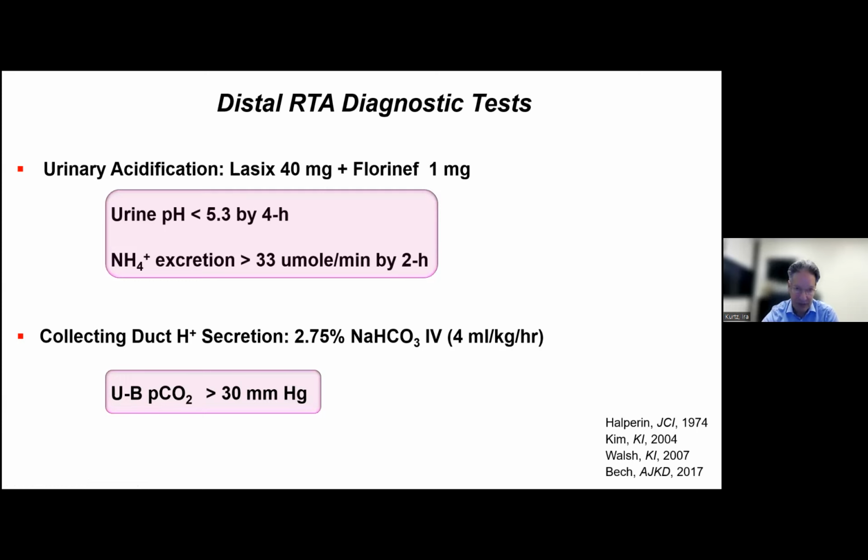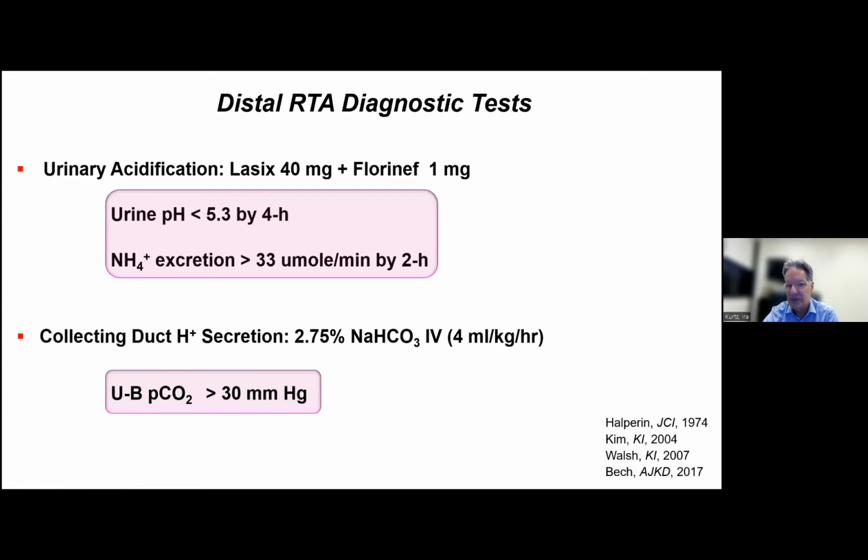The urine ammonium is not always the best to do, even though it's one of the tests people talk about in diagnosing distal RTA, just because the urine ammonia excretion may be low because of a production problem. It may be a problem with glutamine uptake. For instance, if you have someone with CKD, they also have a low ammonia excretion in the urine, but it has nothing to do with acidifying the urine.